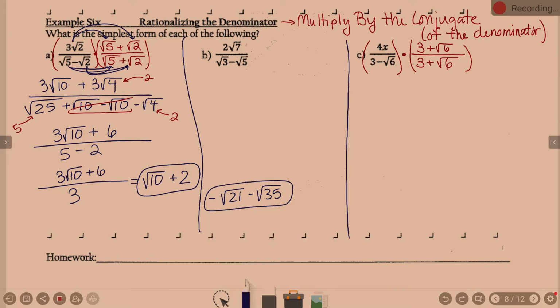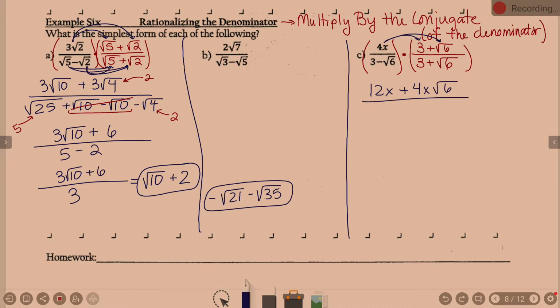Notice there's an x thrown in. You can still work with that, right? We can still multiply with an x. So on top, I'm going to take this 4x and distribute. 4x times 3 is 12x. 4x times square root of 6, 4x square root of 6.